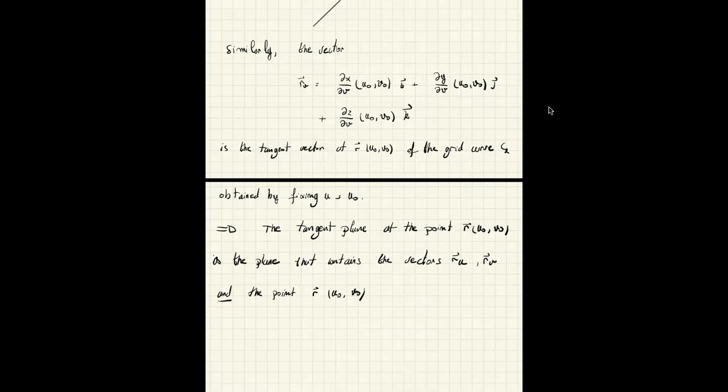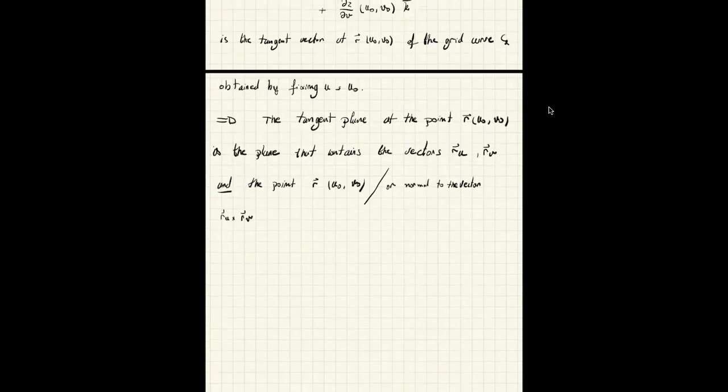Or it contains the point (u0, v0) but with normal vector, or normal to the vector r_u × r_v.